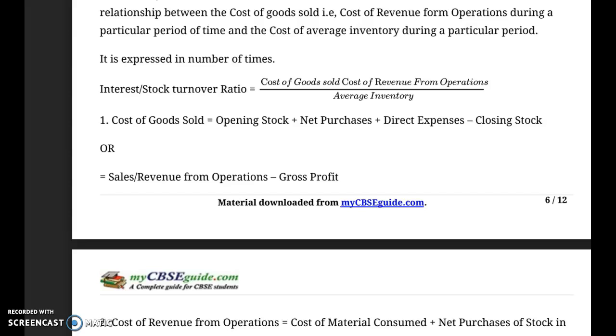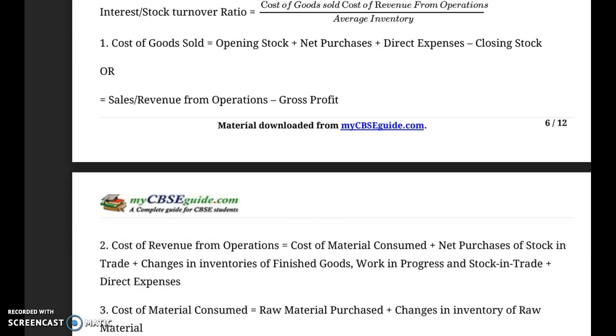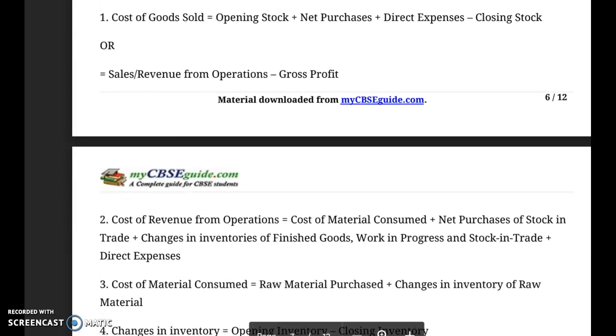From both the formulas, you would get the same answer, that is cost of goods sold or cost of revenue from operations. Then come to the cost of revenue from operation, that is cost of material consumed, net purchases of stock in trade, changes in the inventory of finished goods, work in progress, stock in trade plus direct expenses.